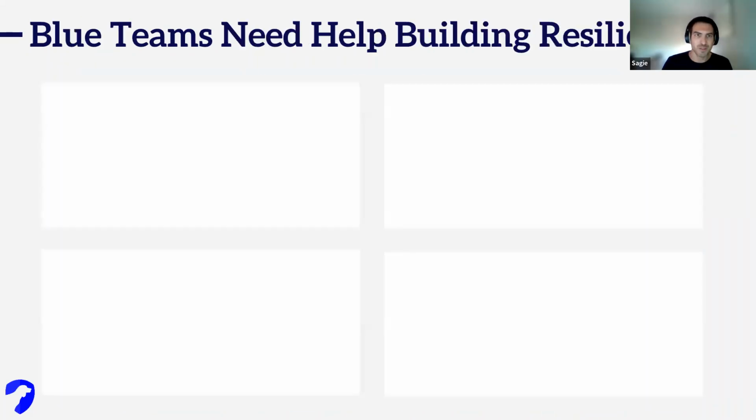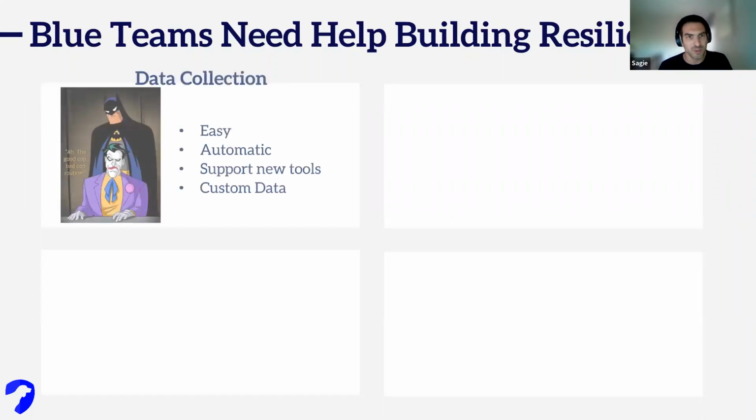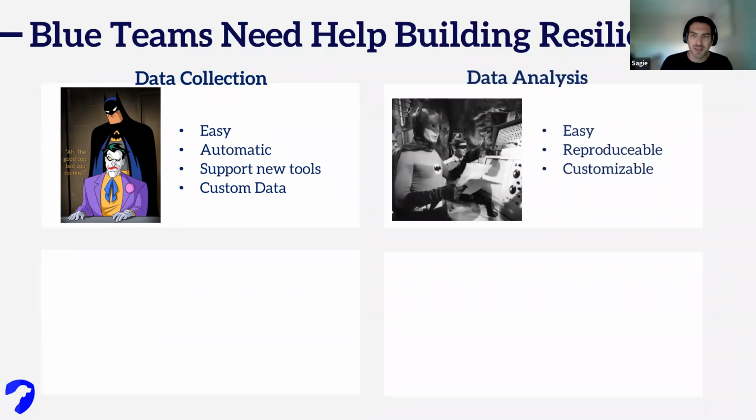In order to solve it, you need a lot of things that currently we don't really see in the blue ecosystem. You need a method to collect your data in a very simple and easy way. Click a button, suck all of the data into my database. You need a method to analyze all of this data.